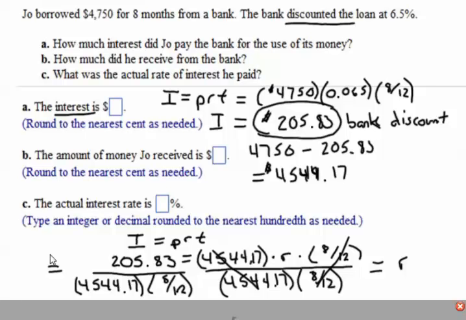And if we take $205.83 and divide it by $4,544.17 and the fraction 8/12, we get 0.067943101.